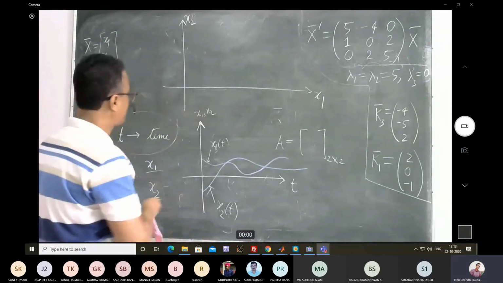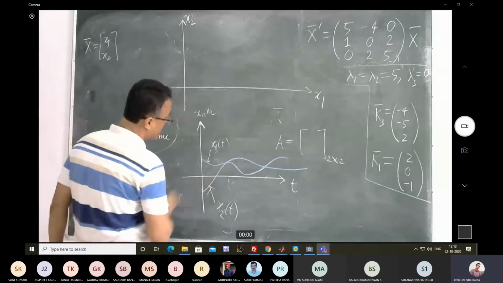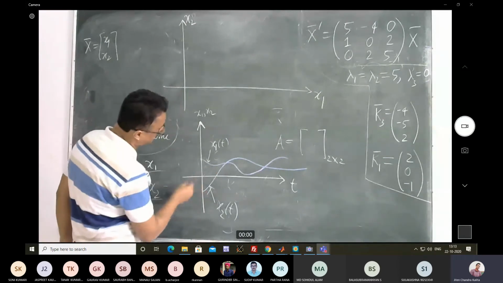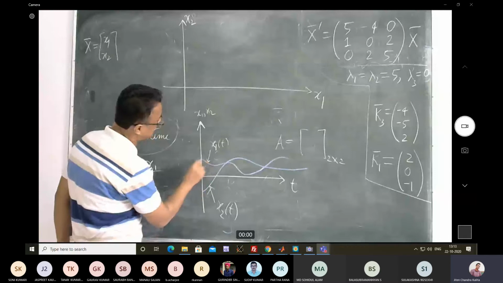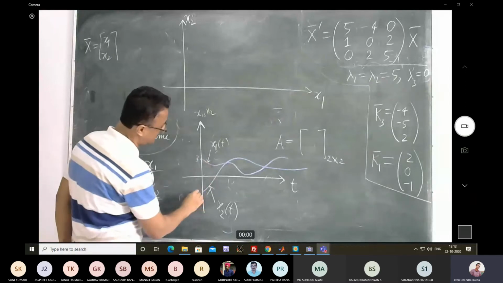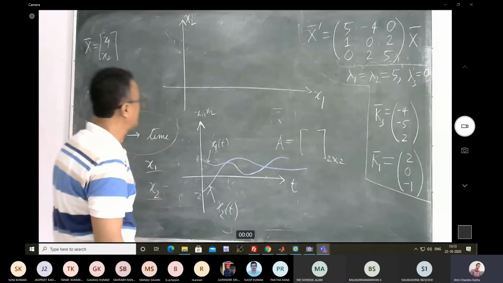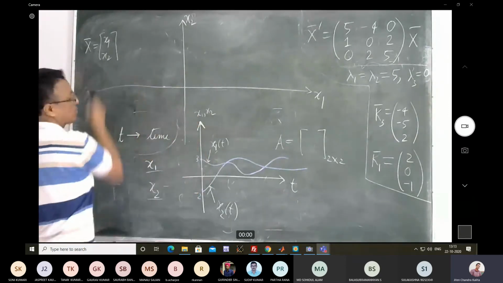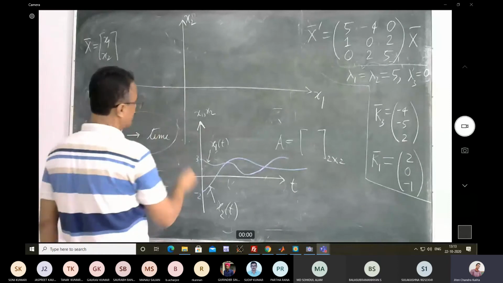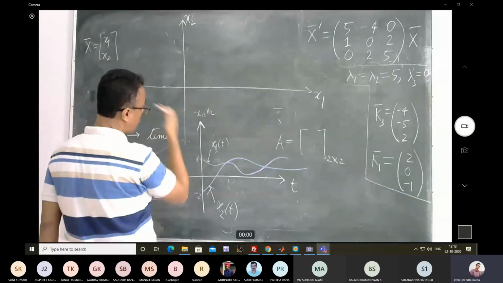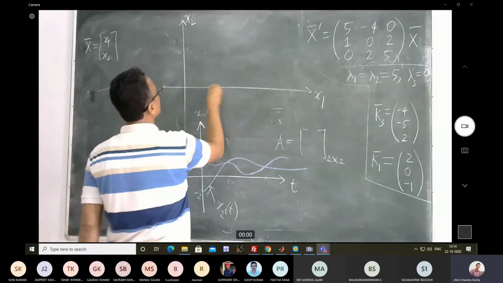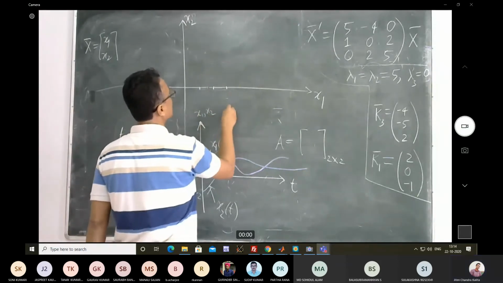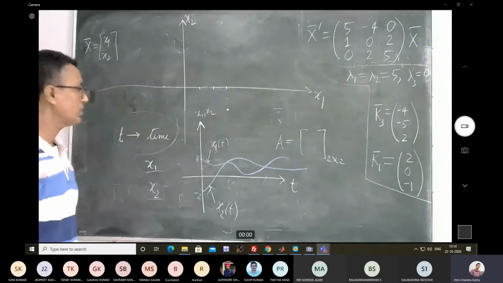Initially, at t equal to 0, say x1 is 3 and x2 is -2. Then in the x1 x2 plane, I'll have to take the point (3, -2) and start from here. Is it okay with everybody?